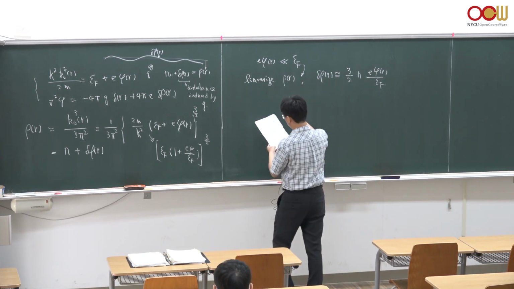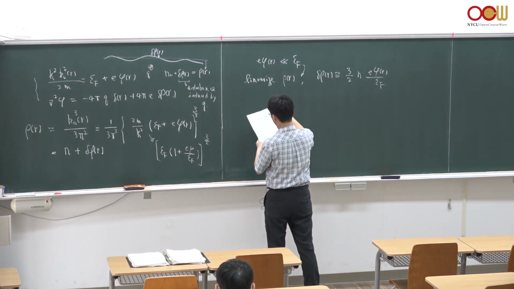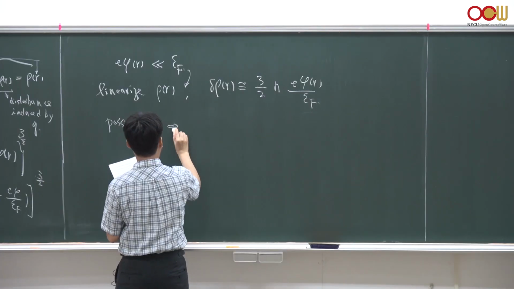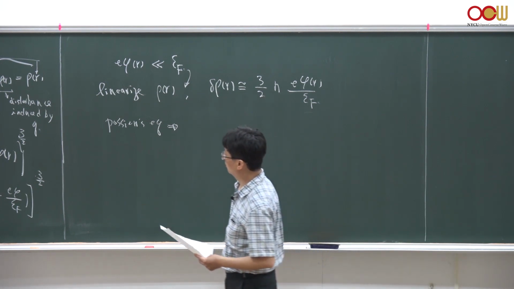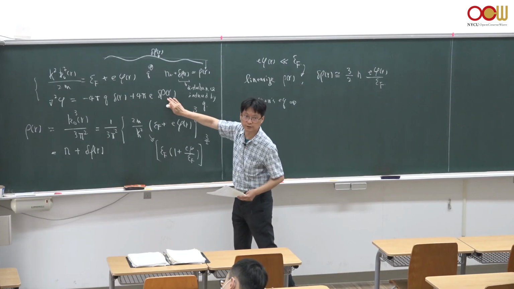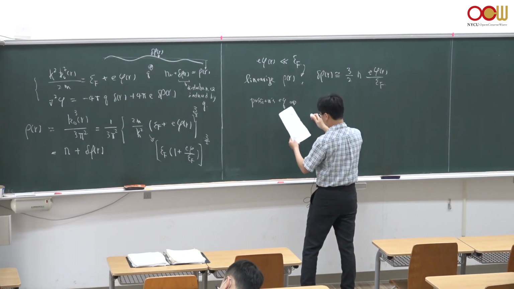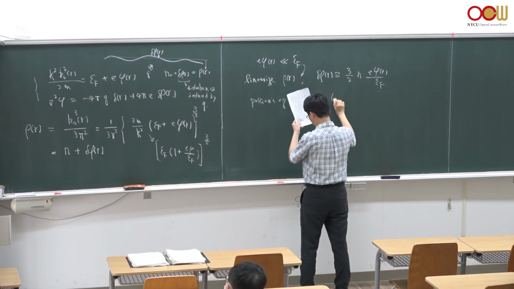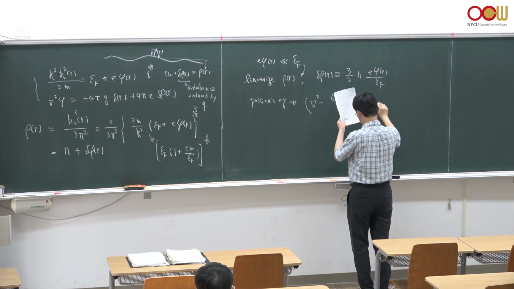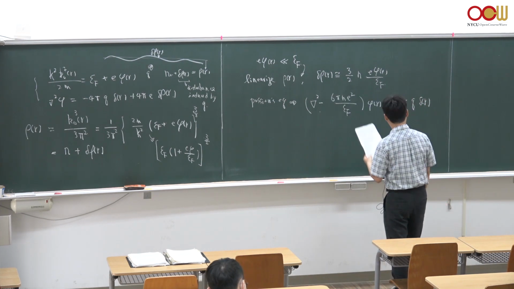All right, so now you could rewrite your Poisson equation in terms of this linearized form of delta rho. You know what this delta rho is, so you plug this into the Poisson equation, and this leads to a simplified Poisson equation.